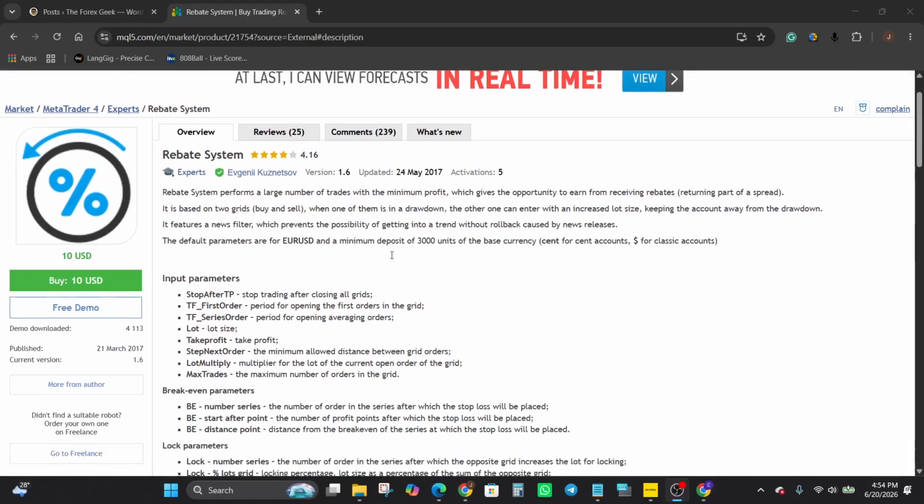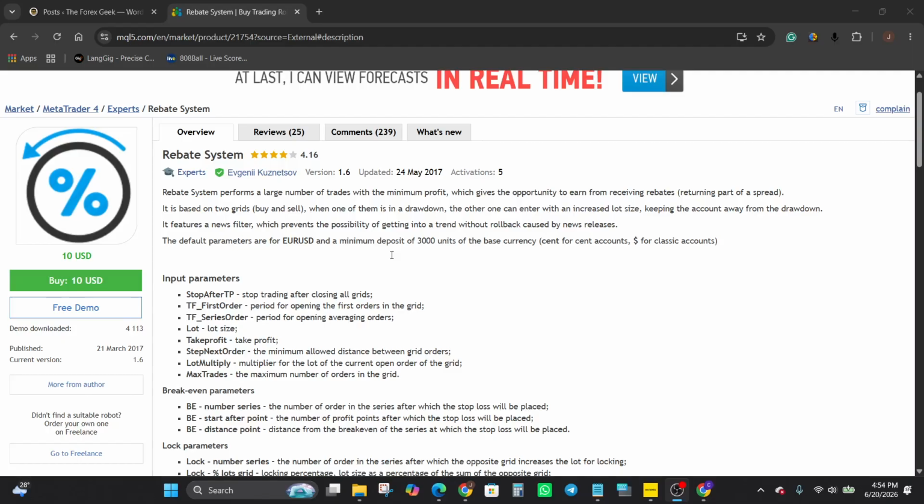Looking at the description, the main concept behind this EA is quite different from many traditional automated systems. According to the developer, Rebate System performs a large number of trades with relatively small profit targets, with the objective of benefiting from trading rebates, which are partial spread returns offered by some brokers.